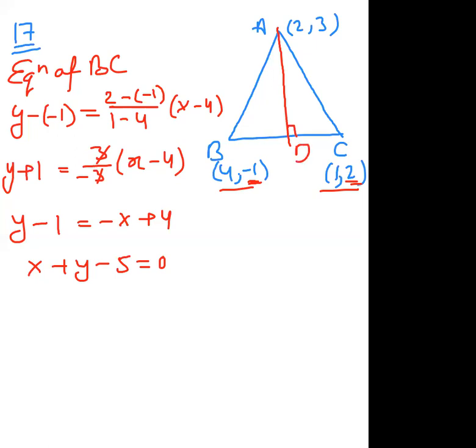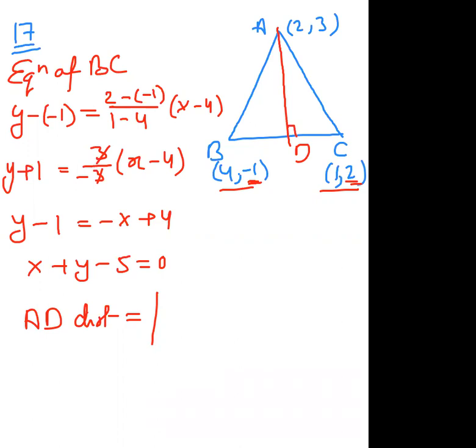AD. Now we need to calculate the equation of AD. It is the equation of line BC. Now I'm calculating distance AD. So how to calculate distance? Distance formula is (a x1 plus b y1 plus c) upon square root of a square plus b square.